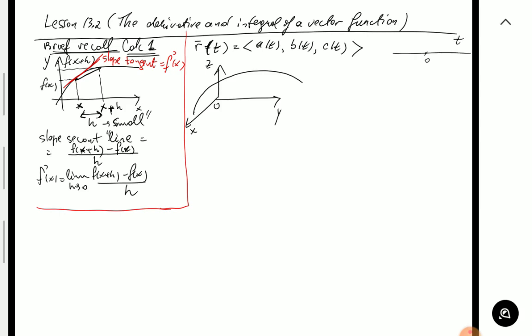Remember the domain is not usually plotted, but the same idea works here, okay? I'm looking at 2 nearby points on the domain, t and t plus h, and let's say the corresponding position vectors are over here, okay? So let's say r of t is over here, and r of t plus h is down here.